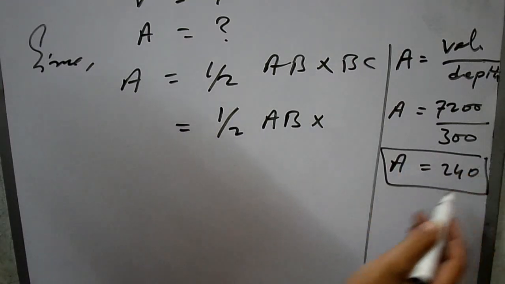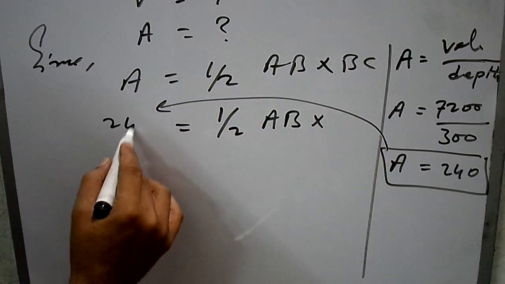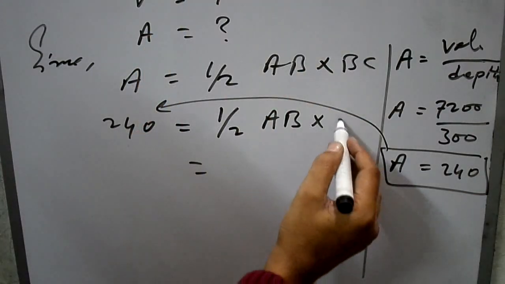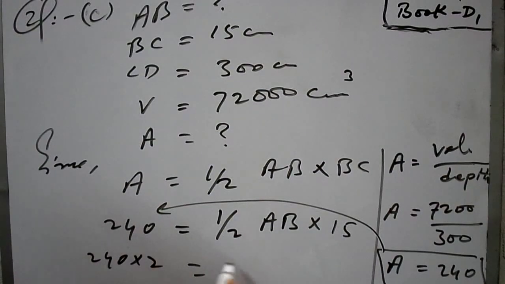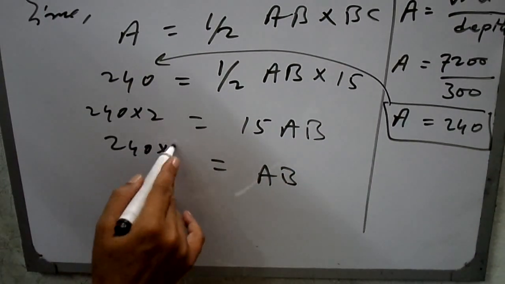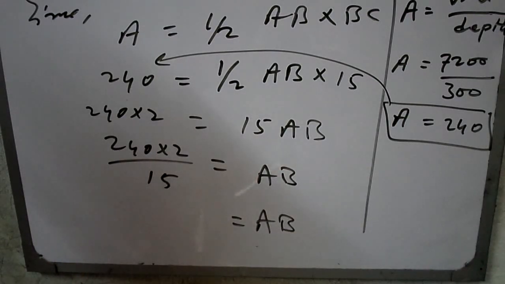So 240 should be used here. BC is given to you, that is 15. So putting the values by using cross multiplication, 240 multiplied by 2 equals 15 AB, but you need the value of AB. So 240 multiplied by 2 divided by 15, you will get the value of AB is equal to 32. By simplification, 32 centimeters.